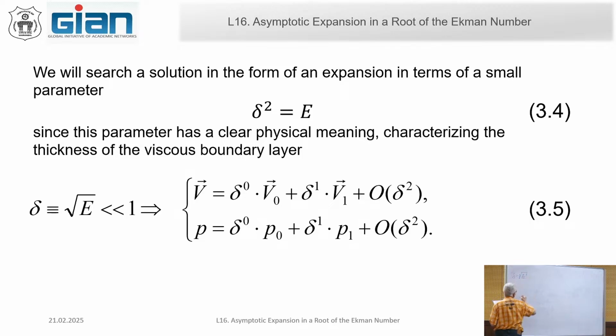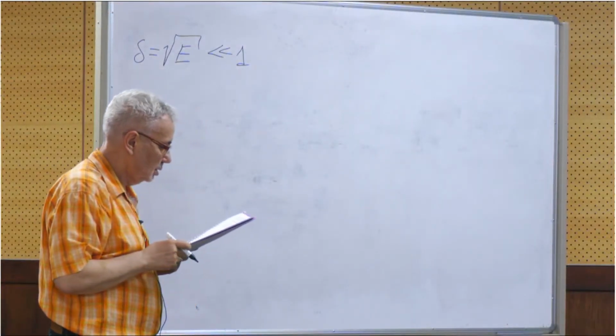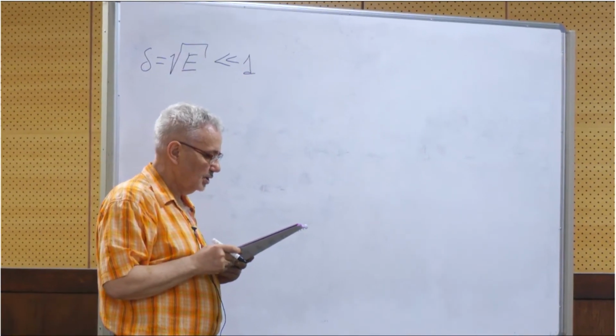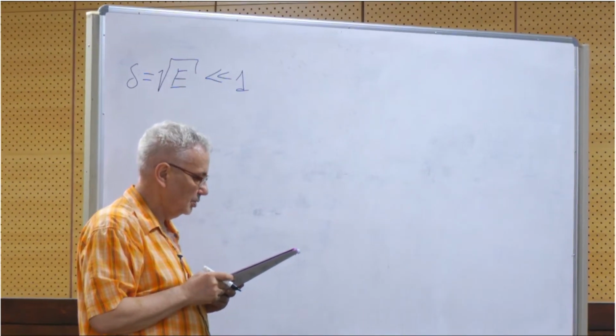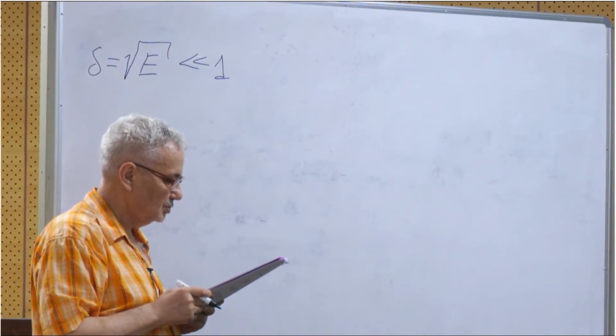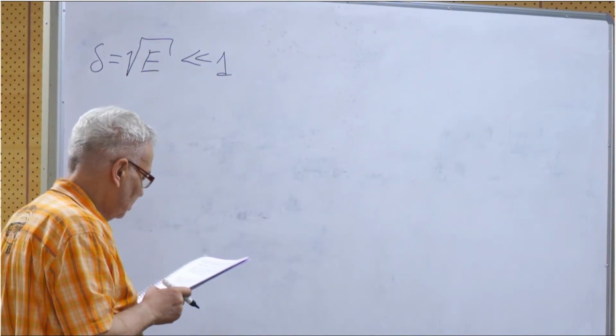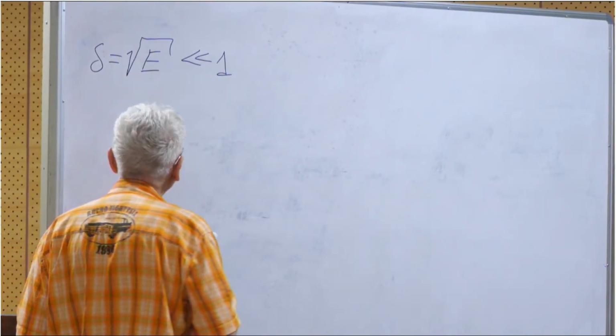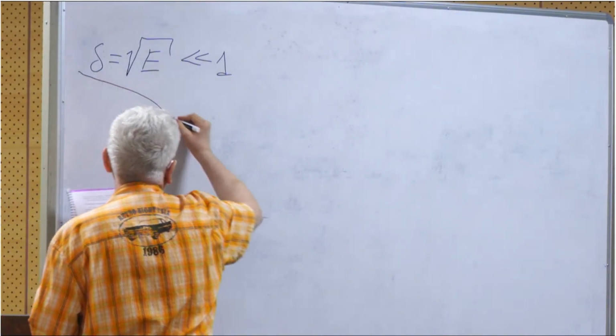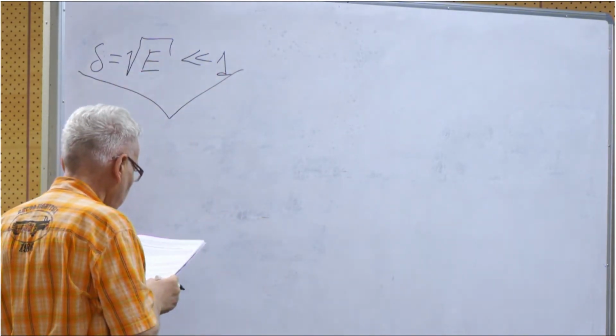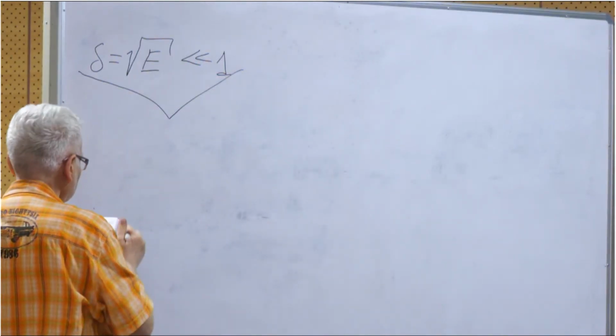This is our small parameter. I should stress that this parameter has a clear physical meaning, I'm just repeating, as the thickness of the viscous boundary layer. And so we expand in the standard form using this smallness.